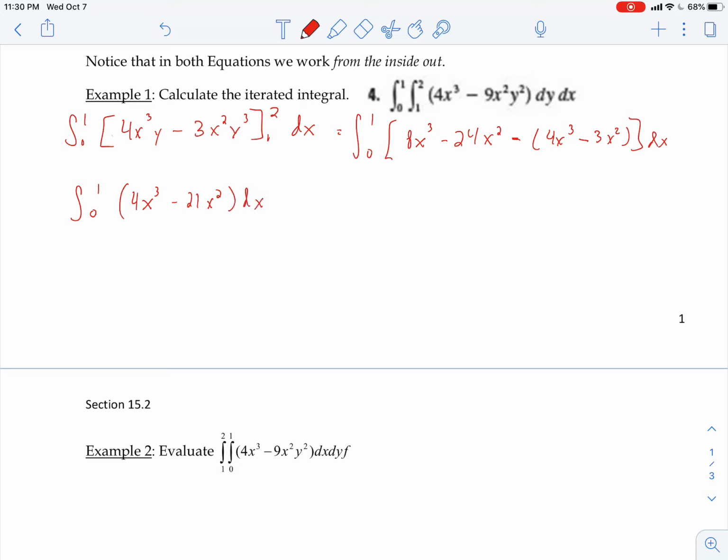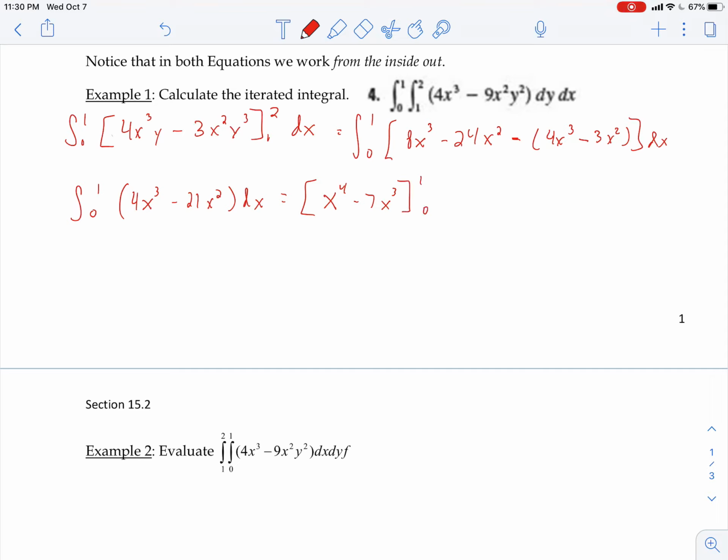Now we're going to integrate with respect to x. So 4x cubed, when I integrate that, I'm just going to get x to the 4th. Minus 21x squared: x squared integrates to x cubed over 3, and 21 over 3 is 7, so minus 7x cubed.